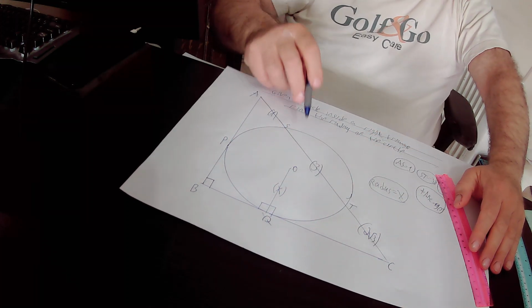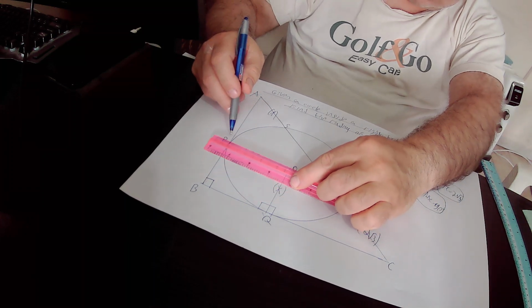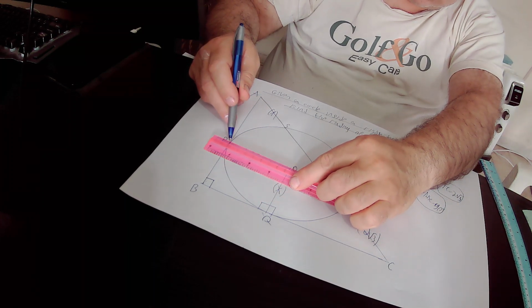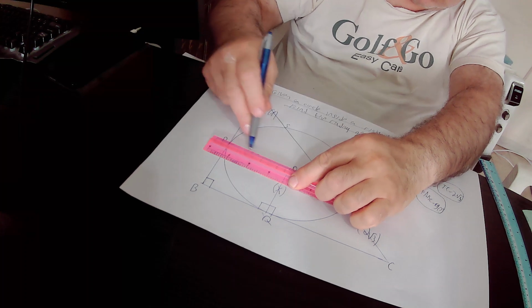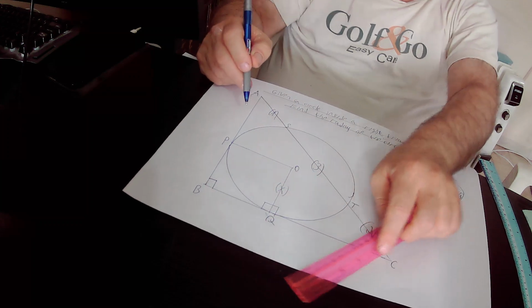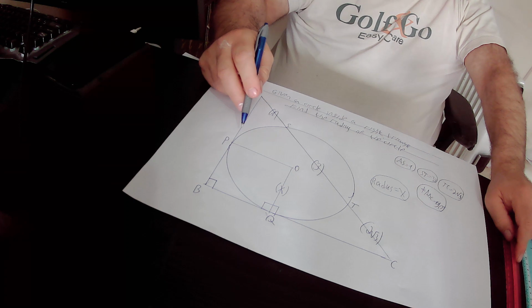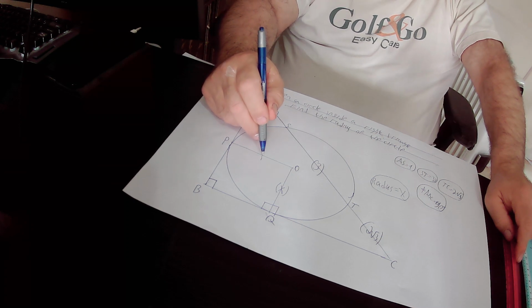Likewise, we join points O and P together by a straight line. Line segment OP is the radius of this circle that is equal to x.